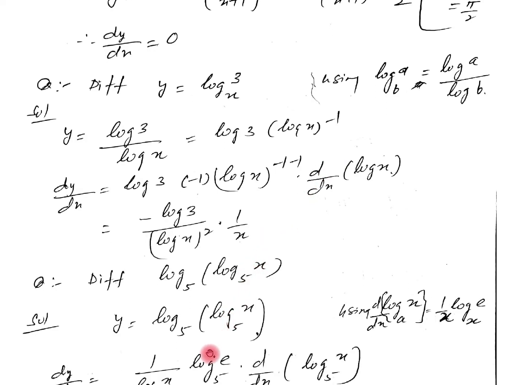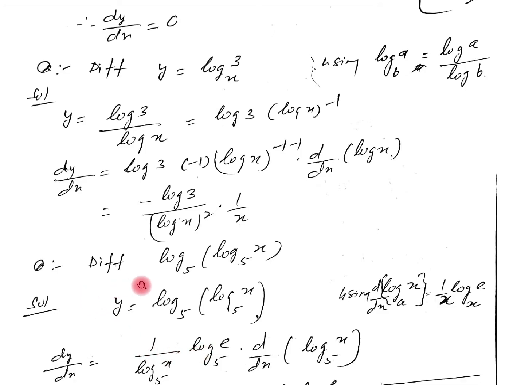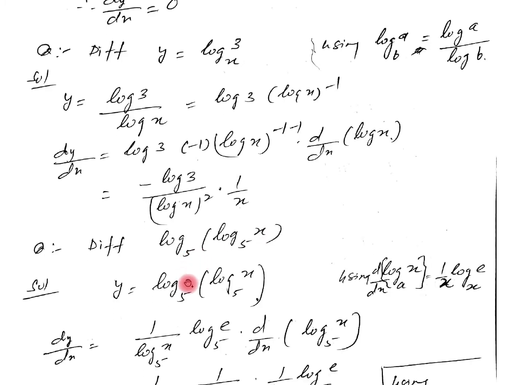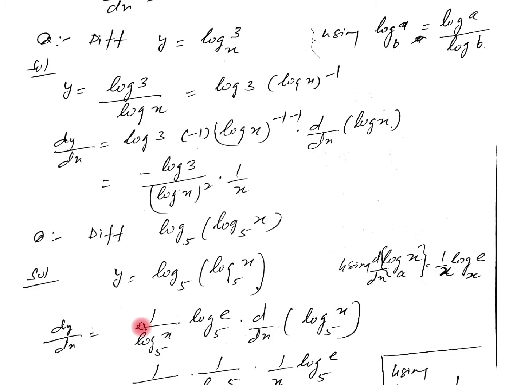Now again see a similar question. Differentiate log of x with the base 5, where again the base is 5. Now see this question here. Here we know the derivative of log x is 1 upon x.